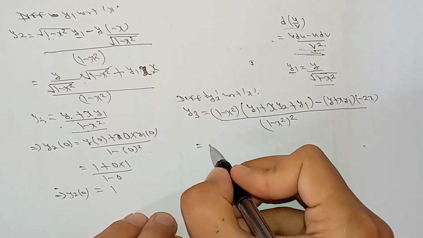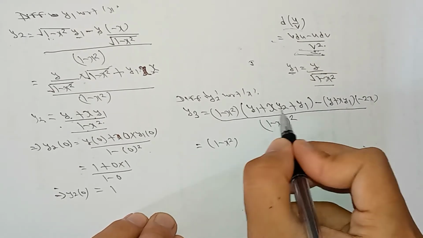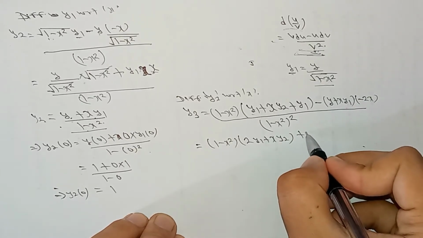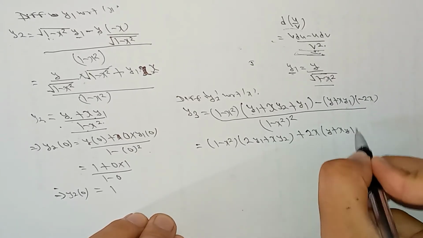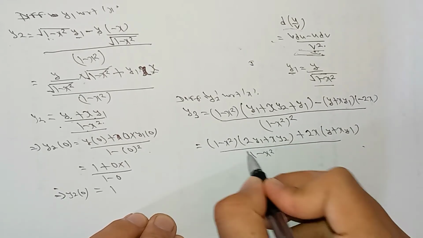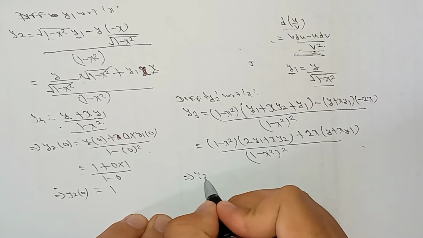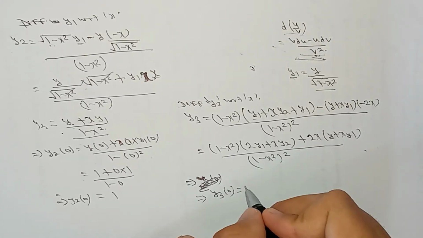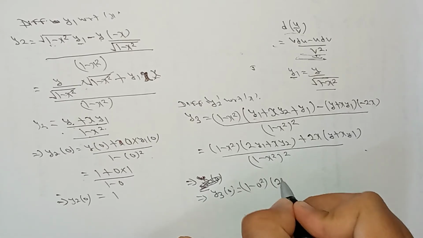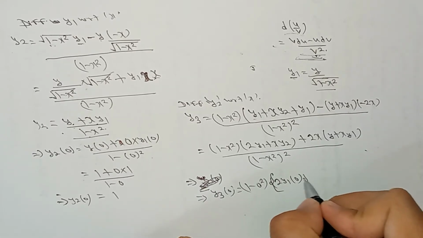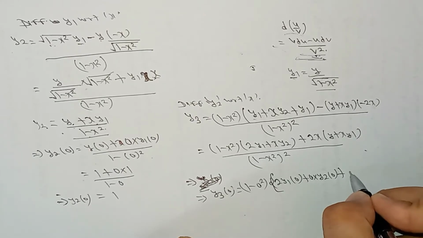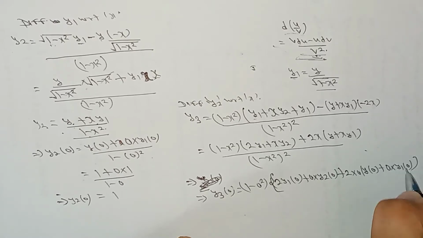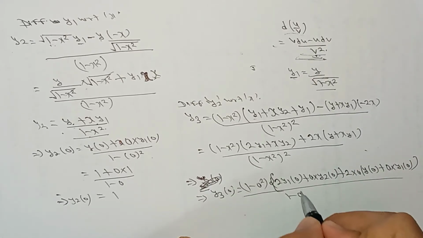Now we can write this as 1 minus x square, and here 2y1 plus x y2, and here it is minus sign, it becomes plus 2x times y plus x y1, divided by 1 minus x square. So for y3 of 0 we have 1 minus 0 square, 2y1 of 0 plus 0 into y2 of 0 plus 2 into 0 into y of 0 plus 0 into y1 of 0, divided by 1 minus 0 square.